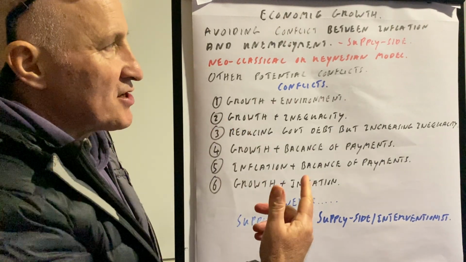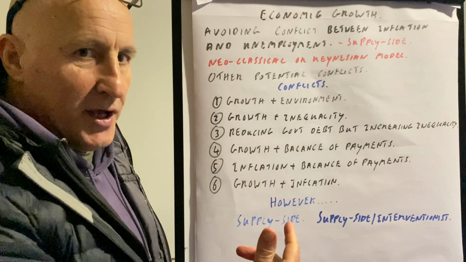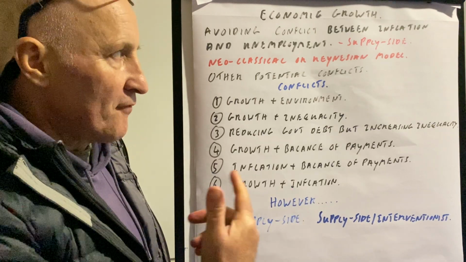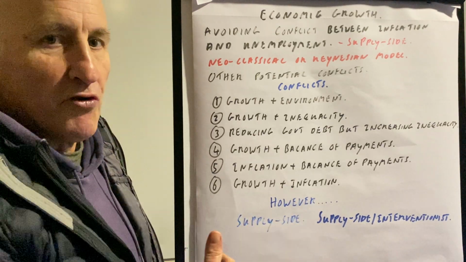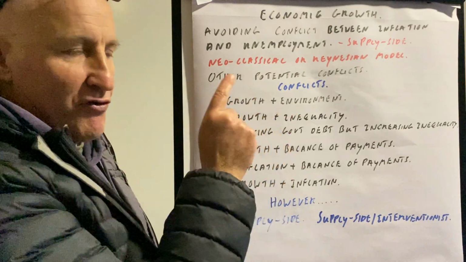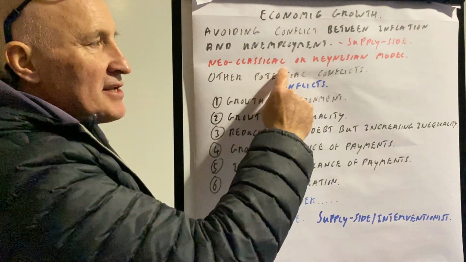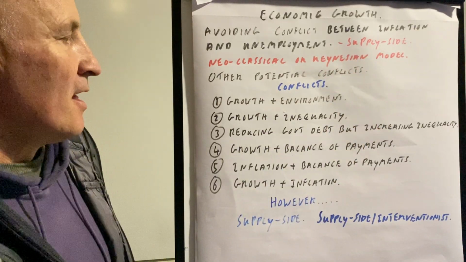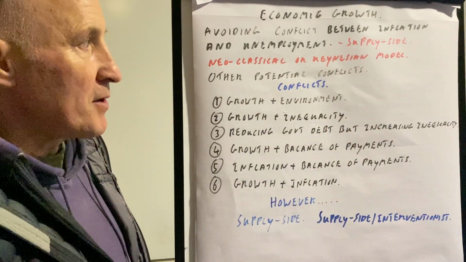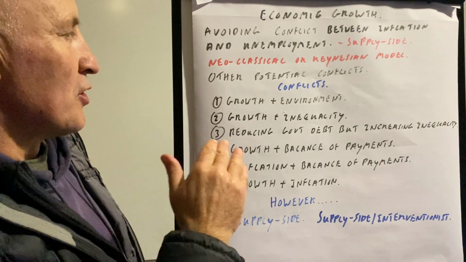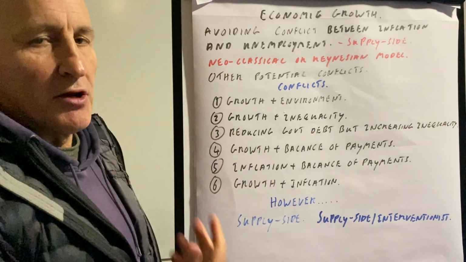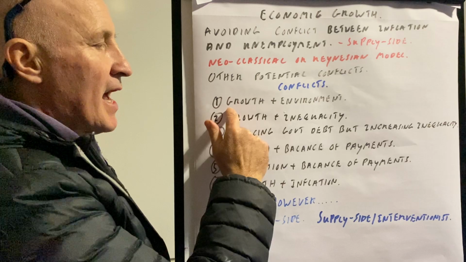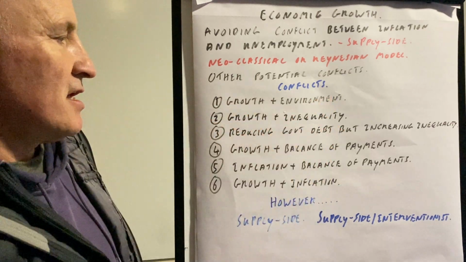And also, just a quick summary: we can avoid the conflict between inflation and unemployment, or growth and inflation, as long as we have really good supply side, whether it's neoclassical or supply side on a Keynesian model. There are loads of other conflicts within the economy. Economic growth will hurt the environment. If we have economic growth, there's a tendency that we will get more inequality.